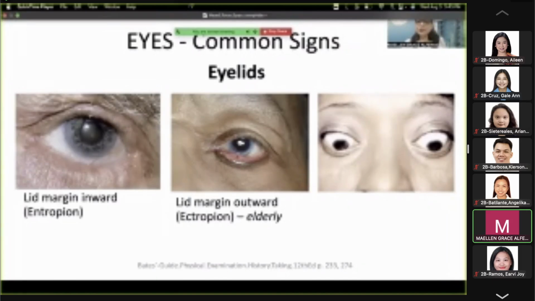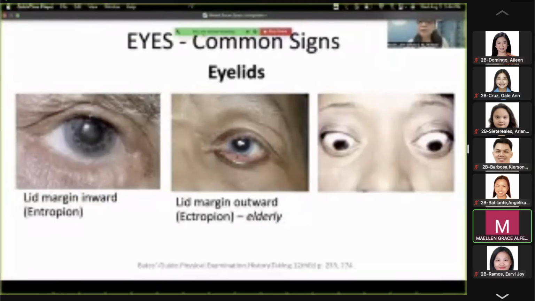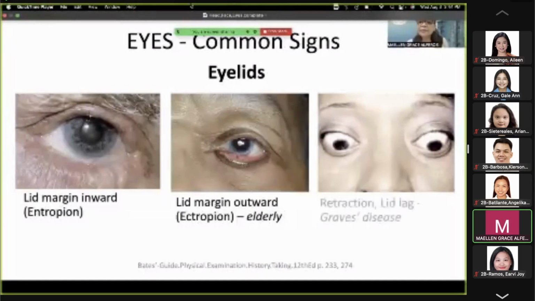Now, in the last picture, you will see that when the patient looks down, the sclera is white and the upper lid does not cover part of the colored portion of the iris. So what you see here is a positive lid lag test, and sometimes there can be retraction, and you see this in Graves' disease.